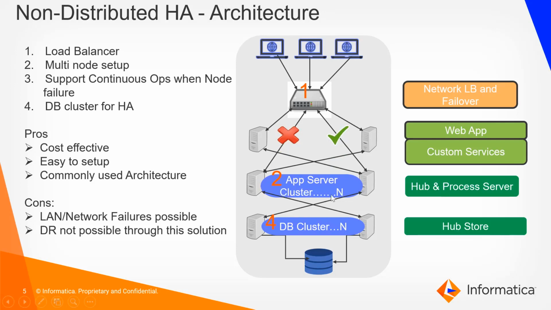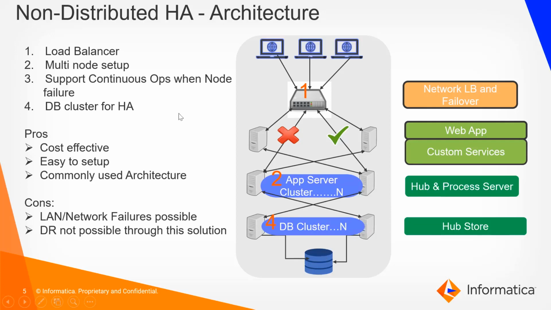Like how we have an app server cluster to provide high availability for the MDM services, similarly, for the database to be highly available, we have DB clusters. So similarly, with more than one node, if one of the DB nodes goes down, there are other DB nodes available which the application can use to access the database.